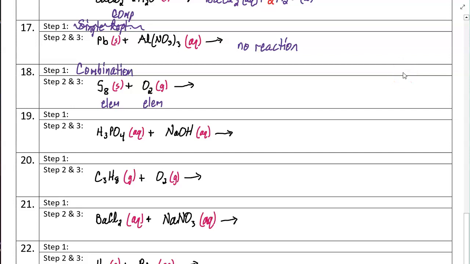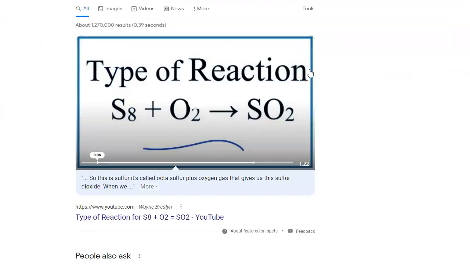Because these are both nonmetals, there's not some easy, obvious way for us to know the formula of the substance that's created. For this one question, I'm going to Google search what is created when S8 mixes with O2. The internet never lies, right? If this person is correct, it's SO2, sulfur dioxide.